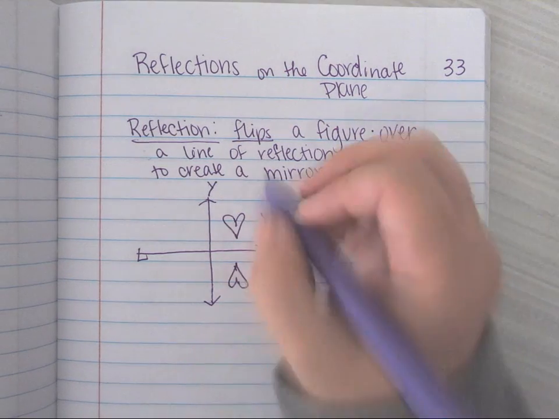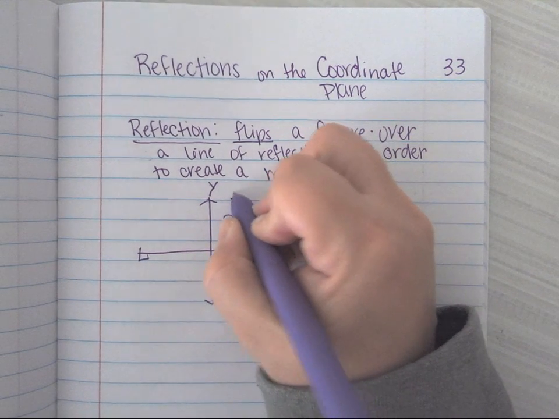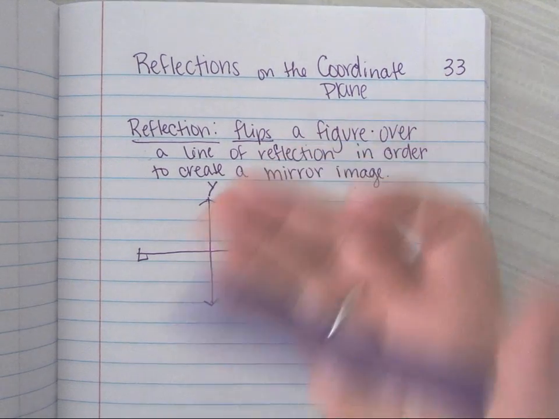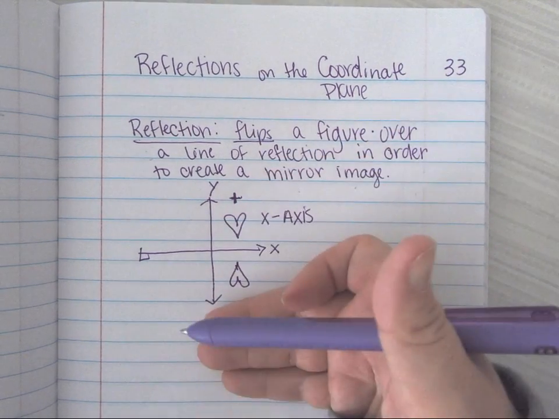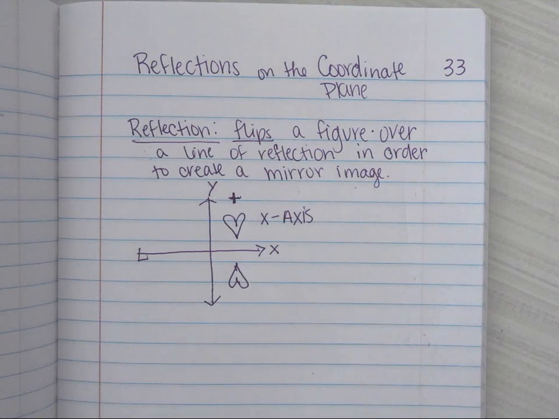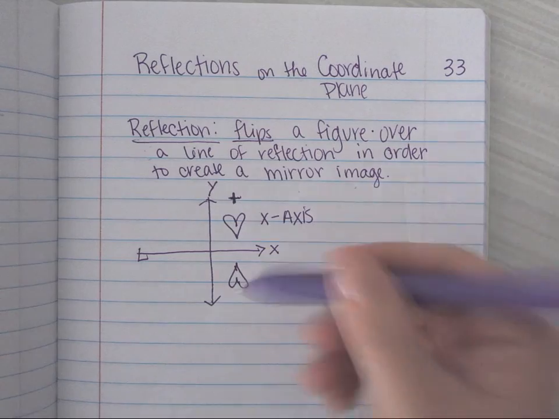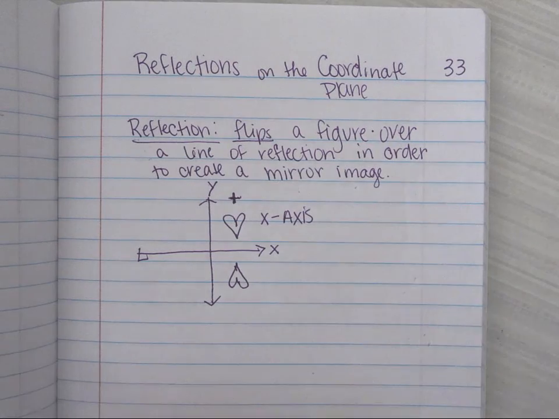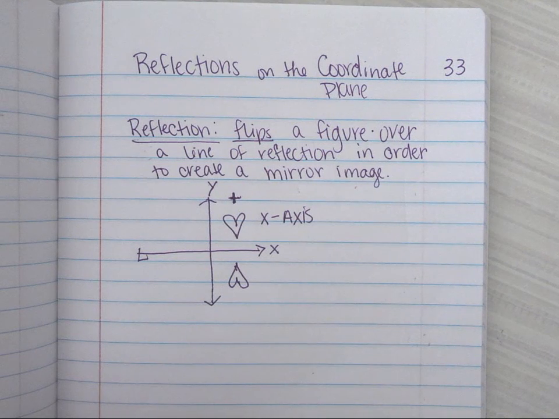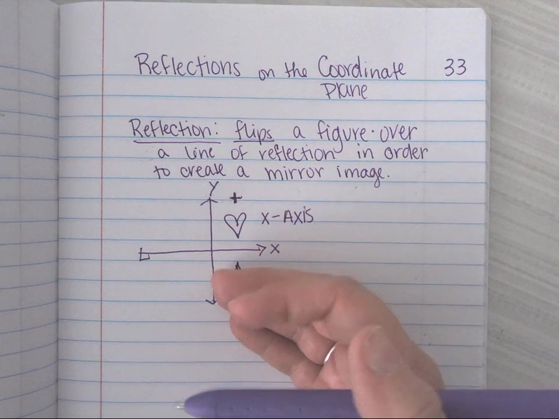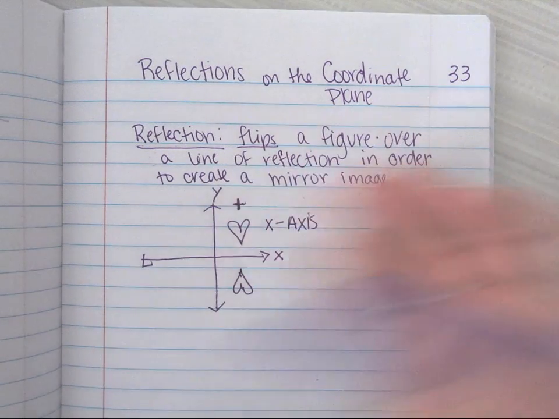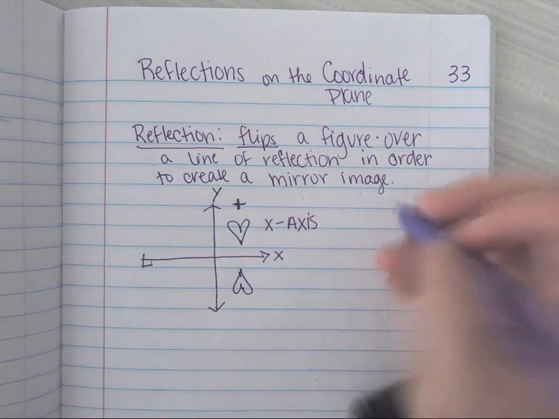So all of my x values are positive, and my y values are positive. When I flip it over, what do my x values become? They stay the same, right? My x values are still going to be positive. What do my y values become? They become negative.